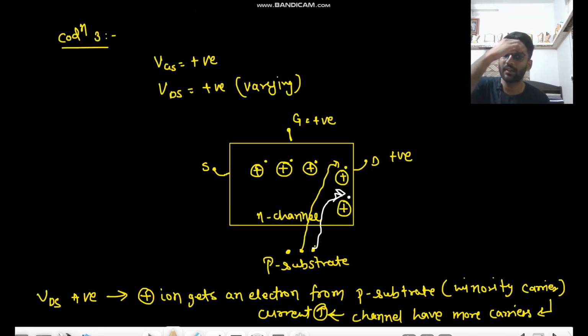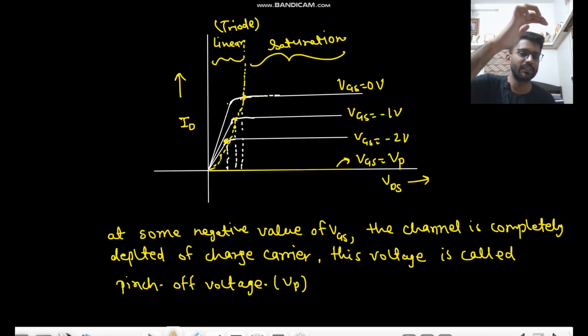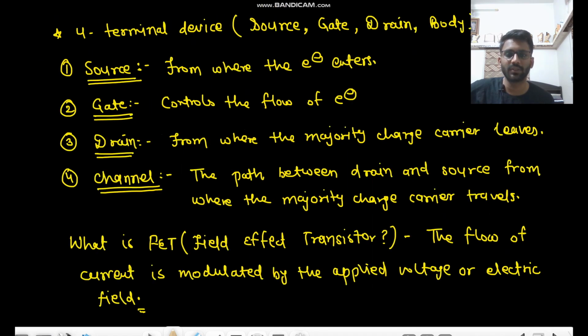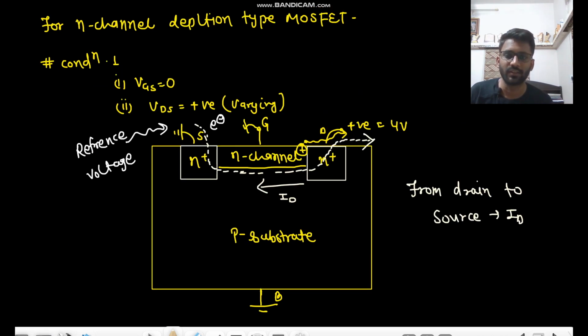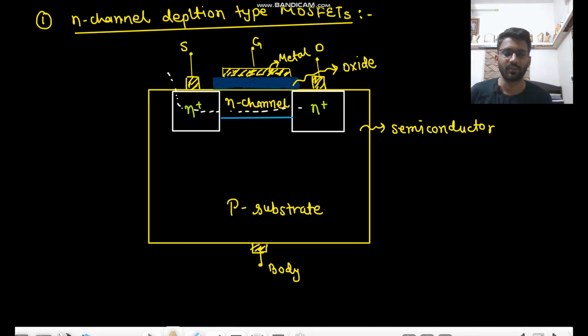And in the previous one, the electrons were moving towards the drain, so the direction would be drain to source, which I have already written, so no need to show it here.